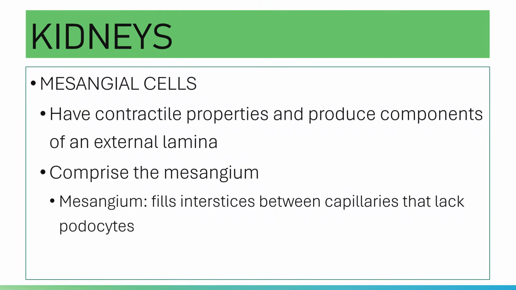Again, please note that your mesangial cells are difficult to distinguish in routine sections from podocytes, but usually they stain more darkly. The surrounding matrix of your mesangium fills the interstices between your podocytes.